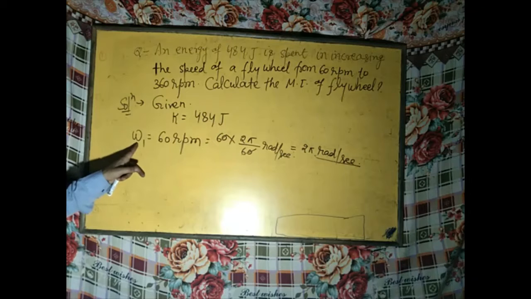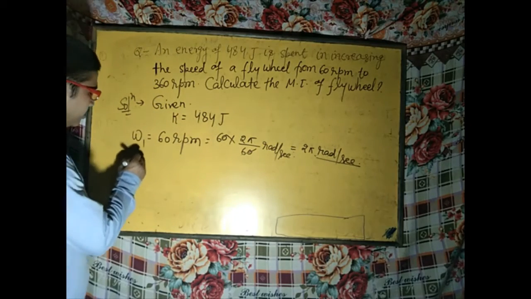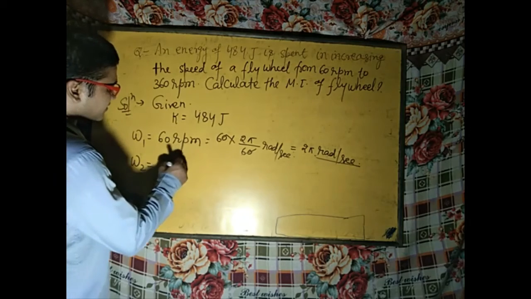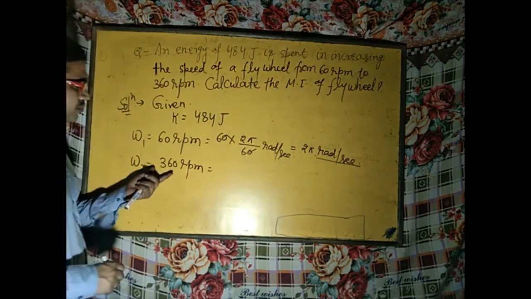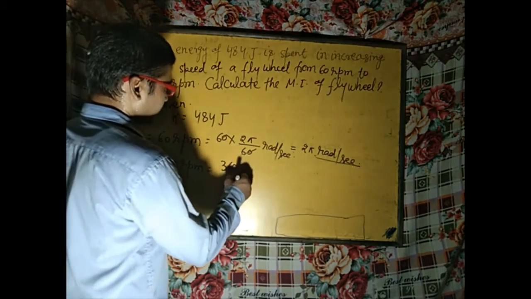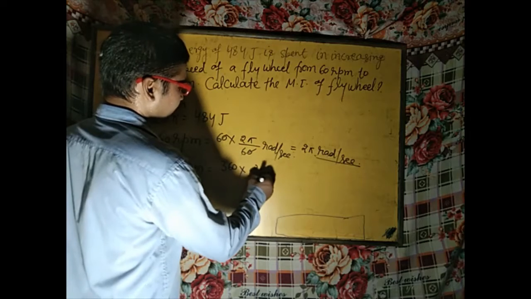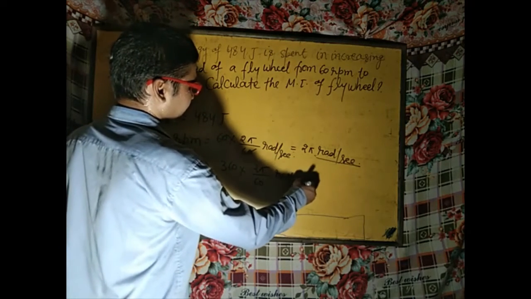So omega 1 is given 60 rpm, but its value in radian per second is 2 pi, and the value of omega 2 is 360 rpm. So you can change this one also into radian per second by multiplying 360 into 2 pi by 60 radian per second.